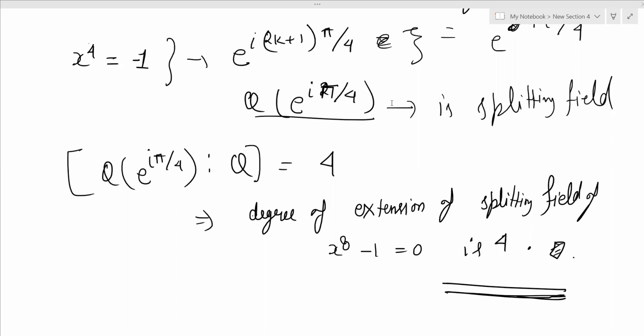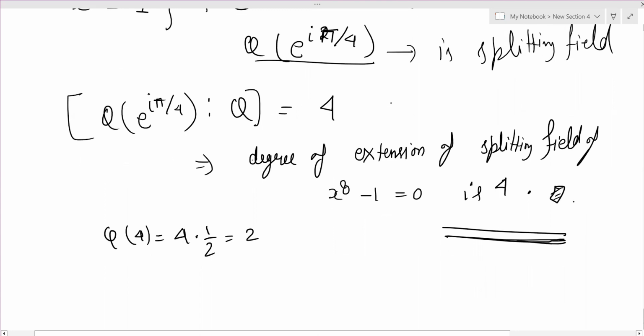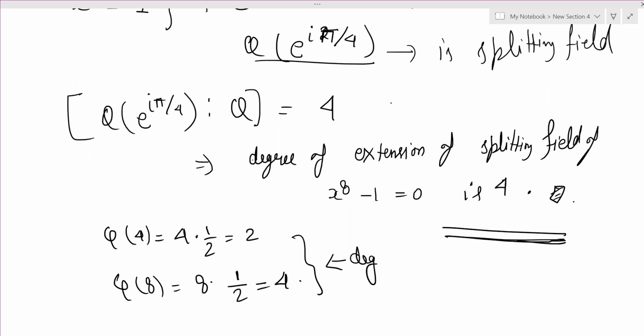What is phi of 4, the Euler totient function of 4? 4 times 1 by 2, which is 2. Similarly, phi of 8 is 8 times 1 by 2, which is 4. So you are getting that the degree of the splitting field is the same as the Euler totient function.